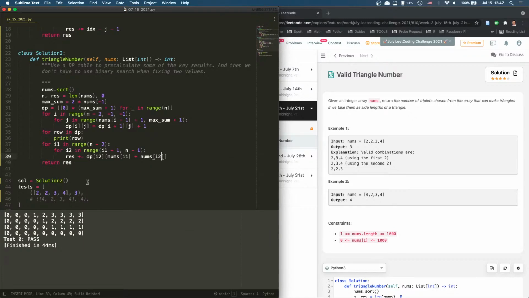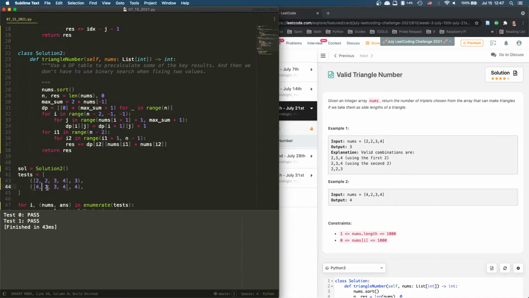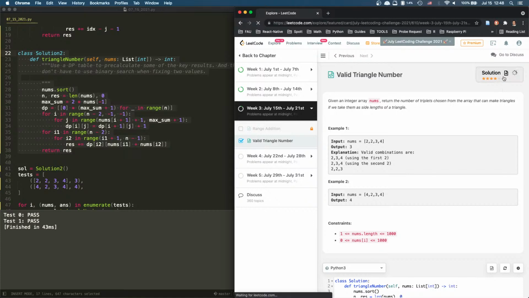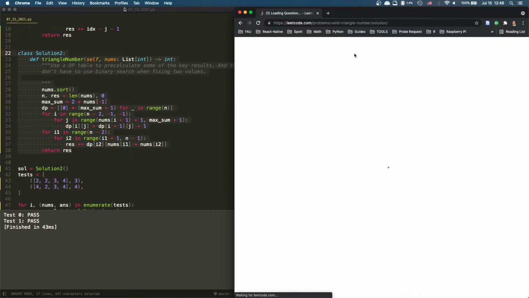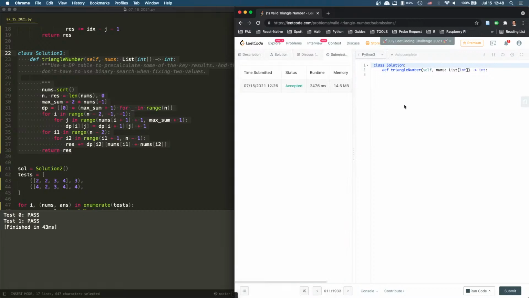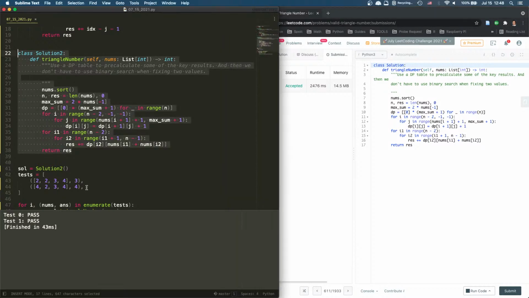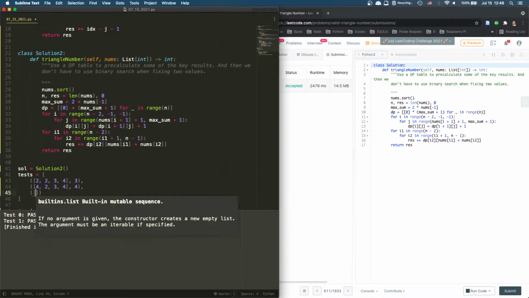This one we pass. Alright, let's see if this one is any faster. I don't think so, honestly. I'm going to take a shot here. Alright, again, I should test the edge case.